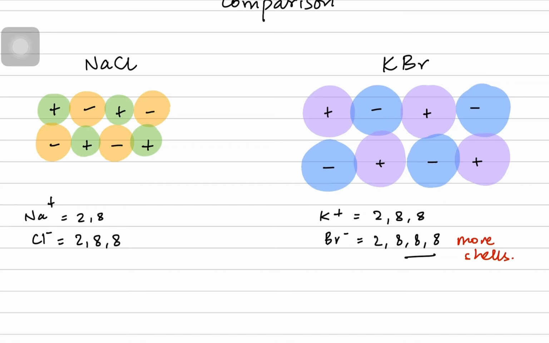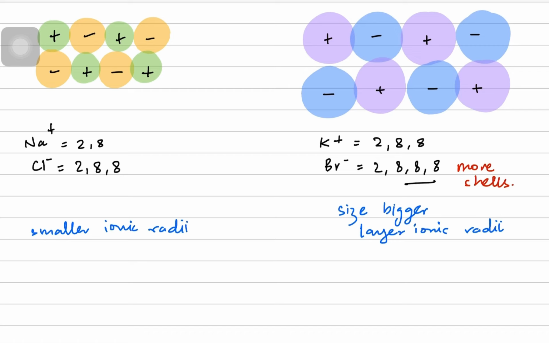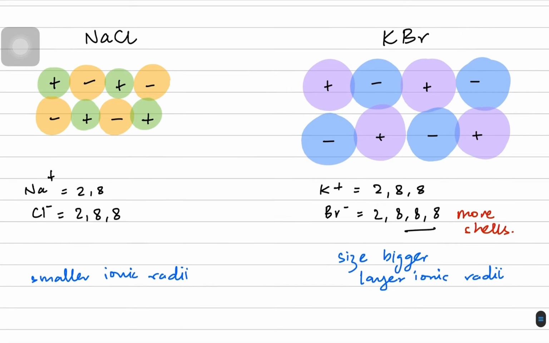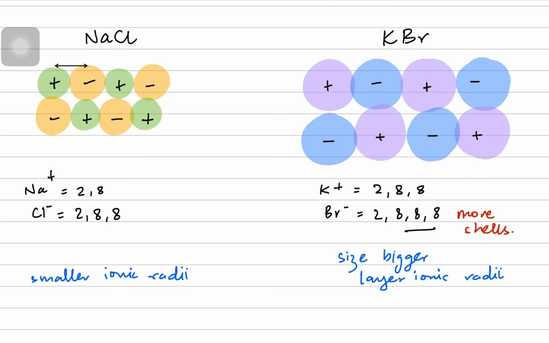Since the ions are bigger, on the right-hand side the size of the ions is bigger. You can say larger ionic radii. But with sodium chloride, you can see smaller ionic radii. So sodium chloride has smaller ionic radii, and the distance between the nuclei, the distance between the charged centers, is less. Here you can see a small distance between the charged centers.